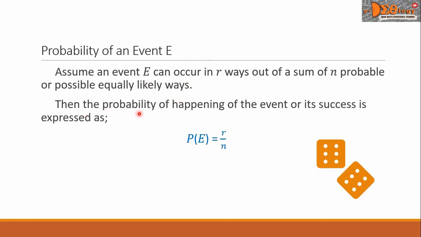Then the probability of happening of the event, or its success, is expressed as P of E equals the fraction r over n.